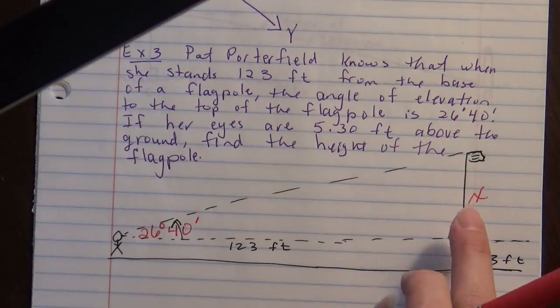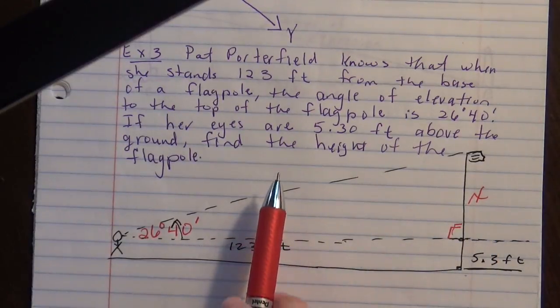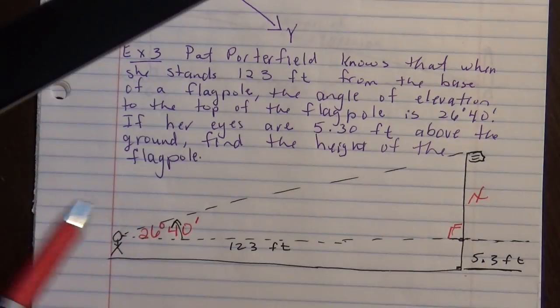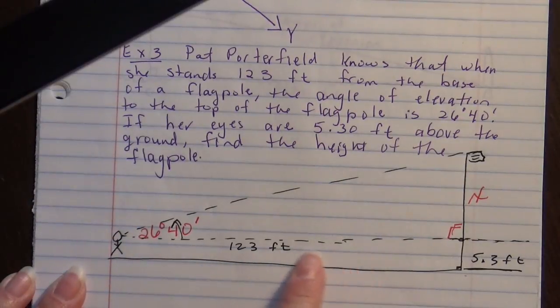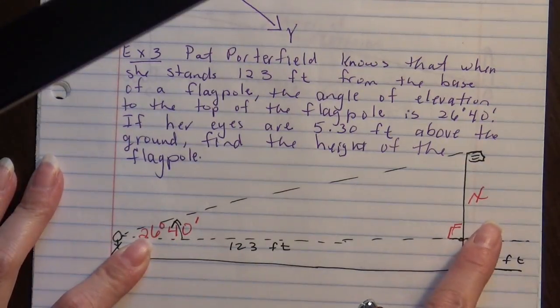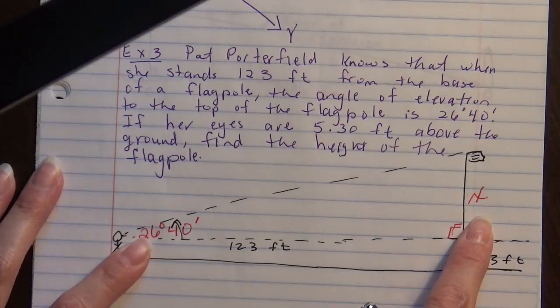How are we going to find X? We don't have a value for our hypotenuse. We have a value for this base down here. So from her line of sight, the 123 feet would be the adjacent side to this angle theta, and X would be the opposite side. So which function can we use if we're using adjacent and opposite? That's going to be the tangent function.